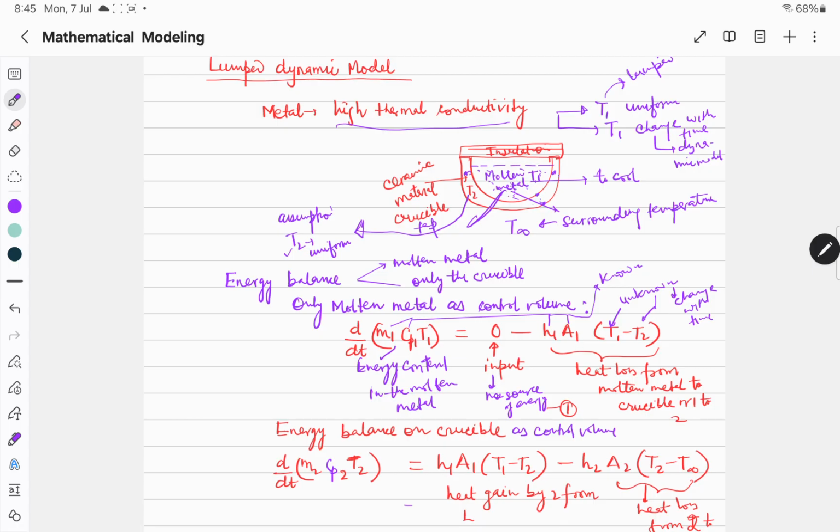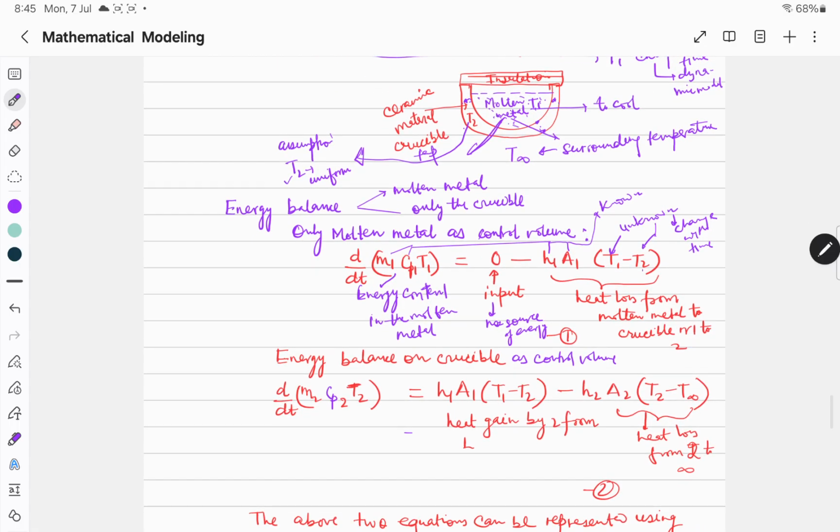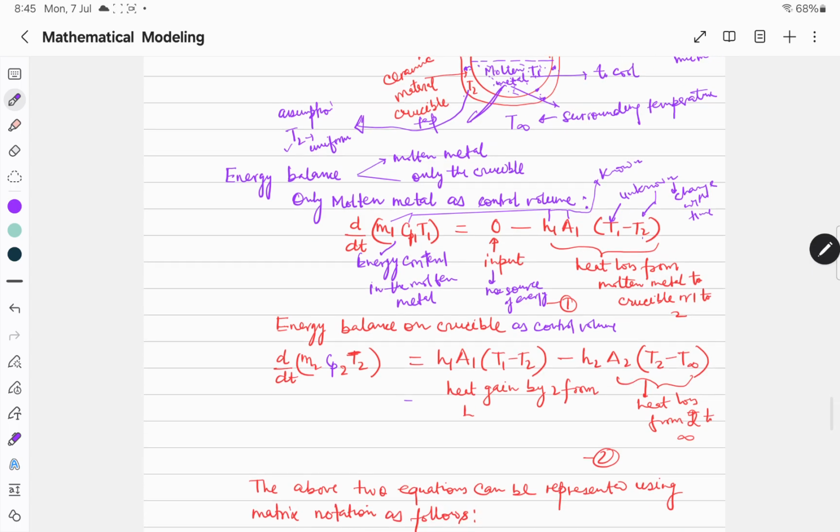That is h1 A1 (T1 minus T2), where A1 is the interfacial area, h1 is the heat transfer coefficient, and T1 minus T2 is the temperature driving force for heat transfer. So this is the heat loss from molten metal to crucible, and you get a differential equation.